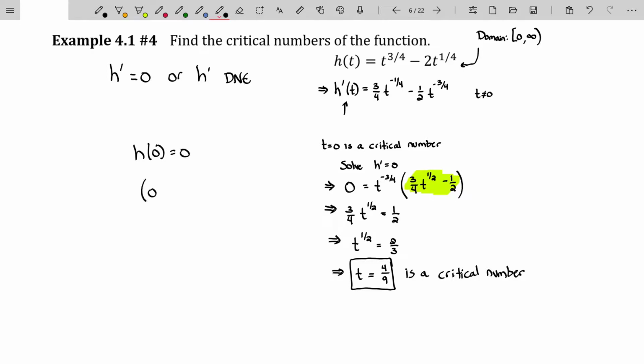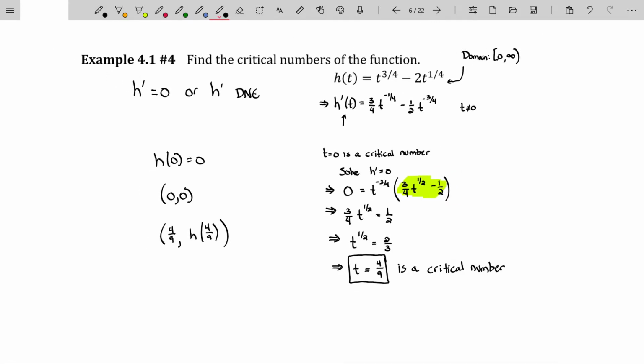So the critical point would be 0, 0. And then if you were to plug in 4/9, it would be whatever h of 4/9 is, which I'm not really that concerned about finding right now. Okay, but that's how you would find the critical points if you were asked to find the critical points instead of just the critical values or the critical number.